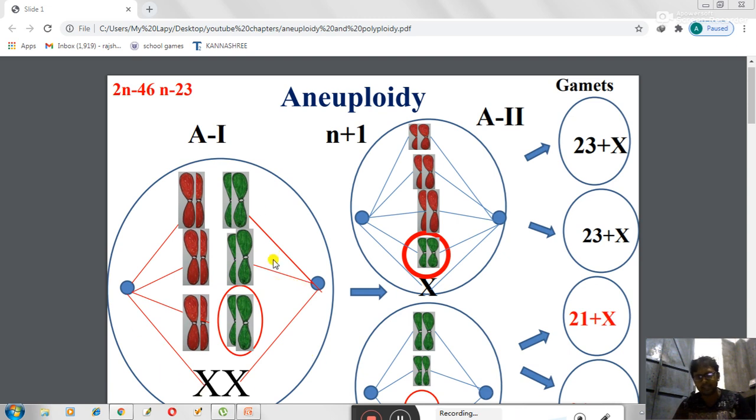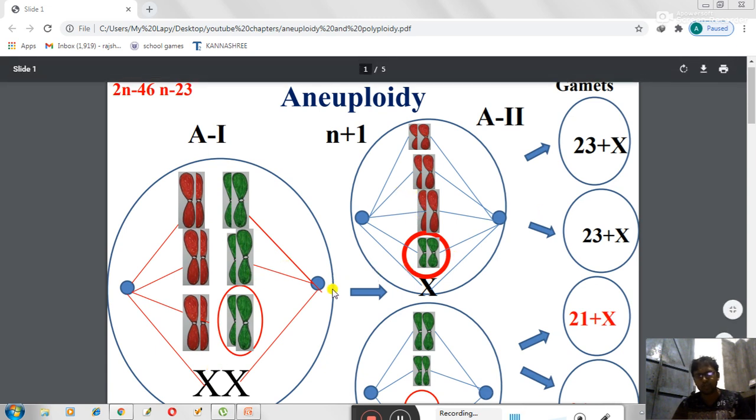Here the chromosomes are attached with spindle fibers at the centromeric region, except this one. As a result, the chromosomes are not equally divided into 2 equal halves.